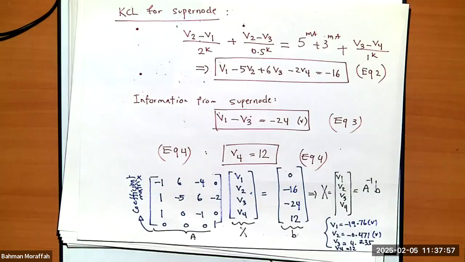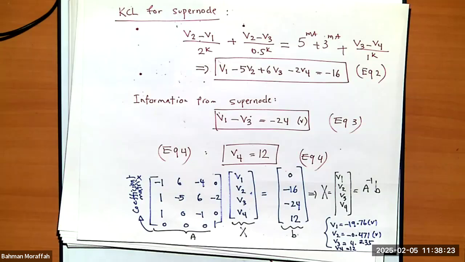If they're problematic, well, we have to get around them. And the idea is that we have to write the KCL for this supernode. Because doing a supernode removes one node, we're going to miss one equation. So we're going to have to go back to the supernode and utilize the information that's given to us.